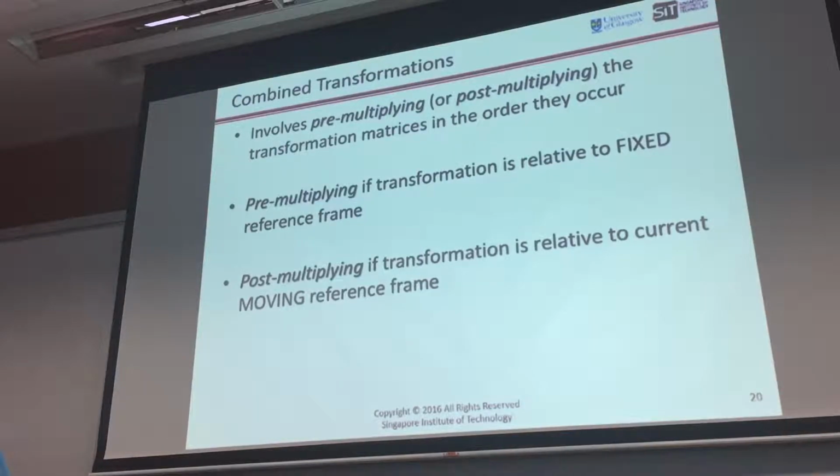Now, let's say I have this fixed frame, and I have moved to another frame. The first motion will always be a reference to the fixed frame, no two ways about it. Now, after you move from here to another frame, if you are going to do this transformation with respect to the moved frame, not your ground earth frame, then you should do a post-multiply.